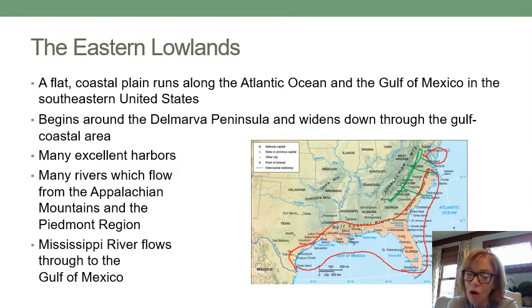Also along there are some good natural harbors. Most of the best harbors that we have in the United States are in the Pacific or in the northeastern part of the United States. Boston, Philadelphia, New York, of course, has a very good harbor, right? Also, we get the Mississippi River that flows down here into the Gulf of Mexico, which you guys know where the Mississippi is, right? So we get that there.